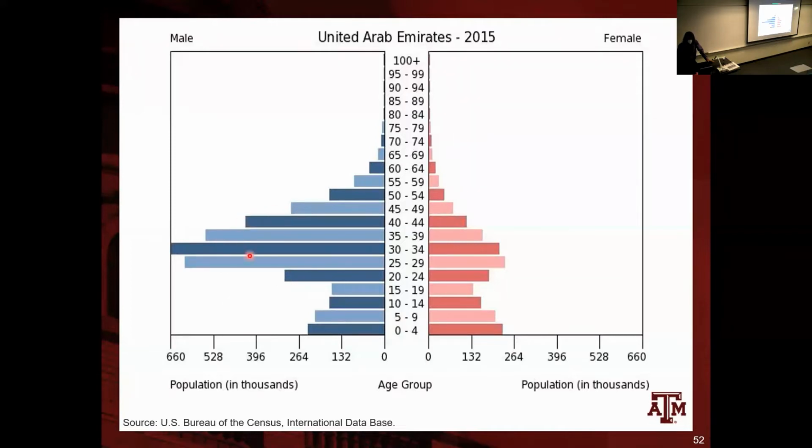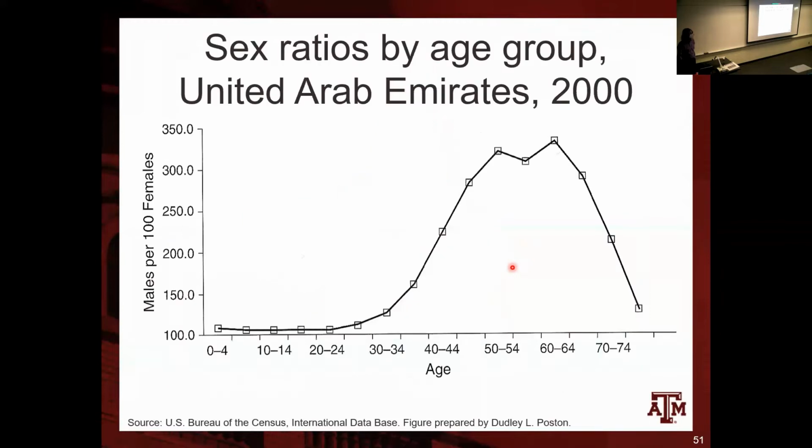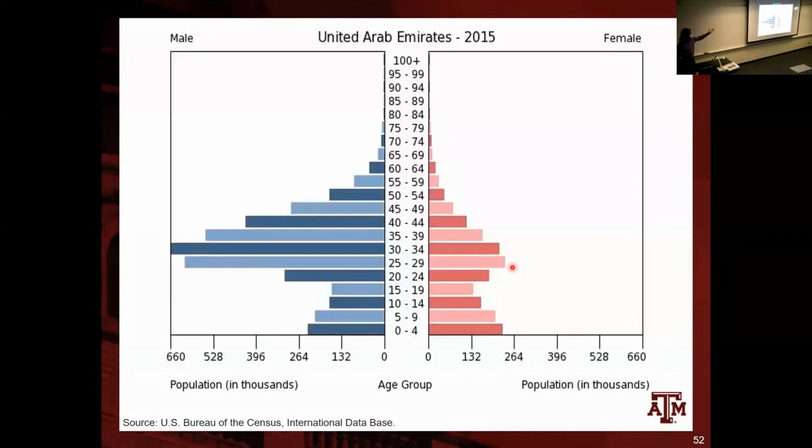The number of men around labor ages is much higher than women, exactly because this country attracts a lot of male workers to its oil industry. This graph is from 2000, and this one is from 2015, but you see a consistency over time. That's how the society has been organized for all these last years and decades.